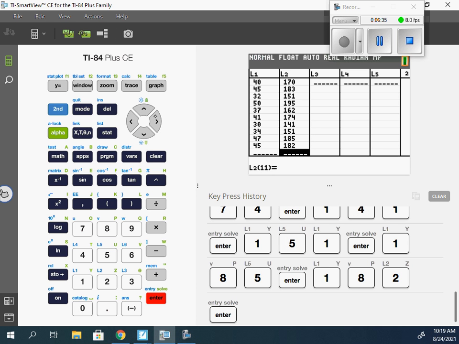We want them to be next to each other, because what we do next for linear regression, it's going to assume first and first are an ordered pair, second and second are an ordered pair. They're going to combine those. So we make sure we kind of line them up this way.